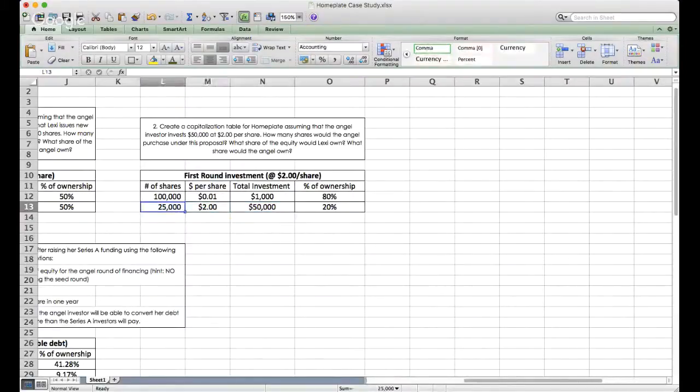So 50,000 divided by $2 gets you 25,000 shares. And then here I just did 100,000 divided by the sum of 100,000 and 25,000. And then this one, 25,000 divided by 125,000.